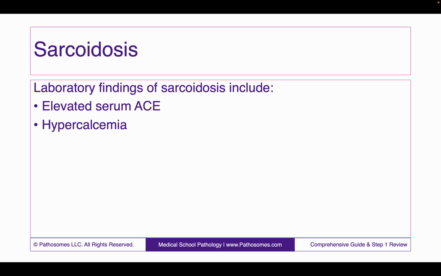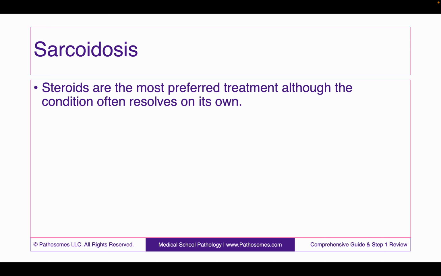And there are some laboratory findings associated with sarcoidosis, right? Your patients may have elevated serum angiotensin converting enzyme or elevated levels of calcium, right? Hypercalcemia. Steroids are the most preferred treatment, although the condition often resolves on its own.